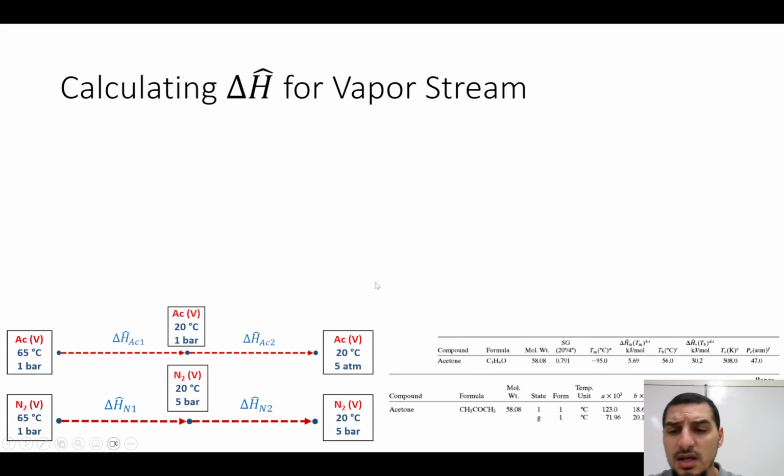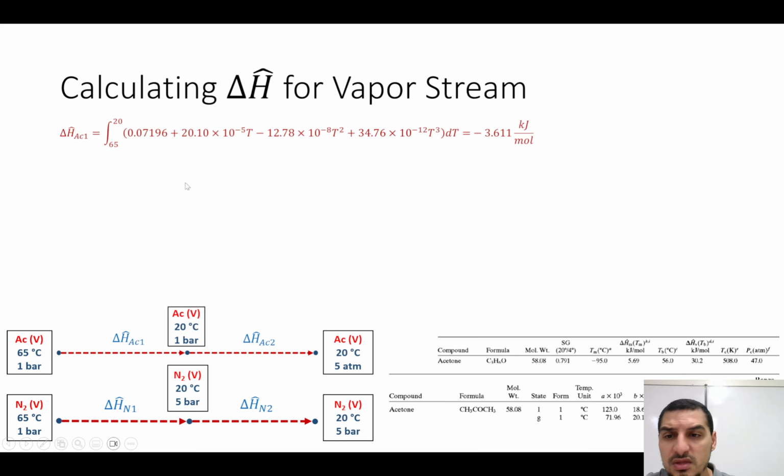So let's go for the first 2, which are the vapor stream. So the vapor stream delta H acetone 1 is from 65 to 20. We have here already the constants of Cp for acetone. This is just the change in enthalpy due to change in temperature, so it's going to be the integral of Cp dT from 65 to 20, of course, for the gas phase.